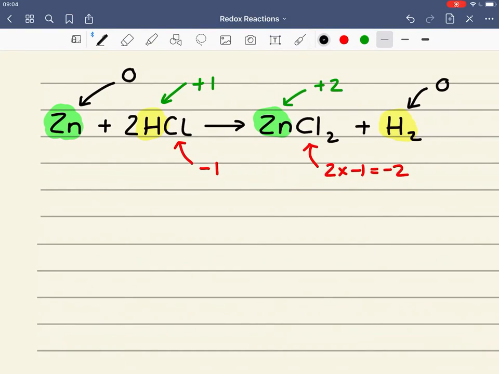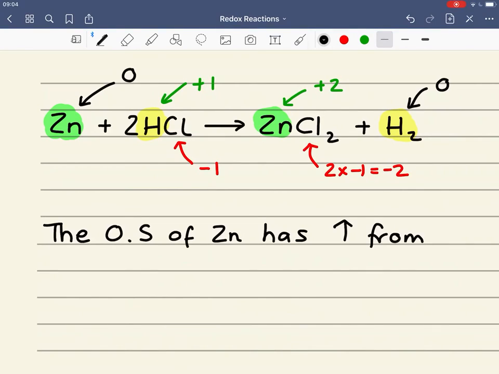So we can see from this reaction that the oxidation state of zinc has increased from 0 in zinc to +2 in zinc chloride.